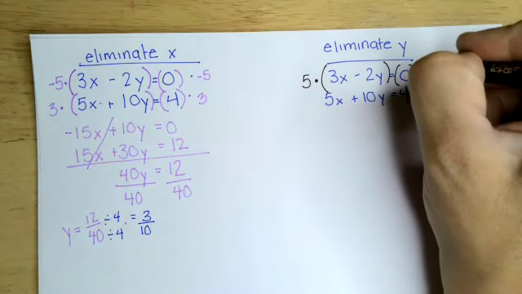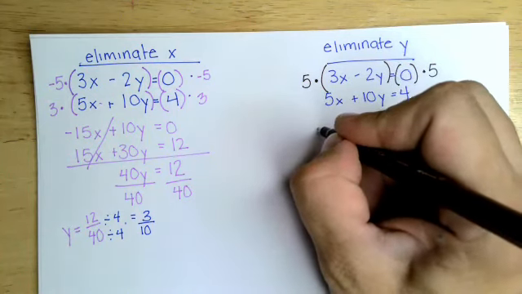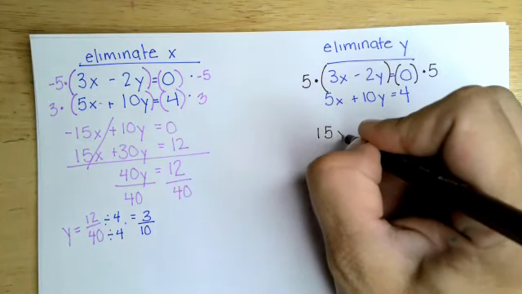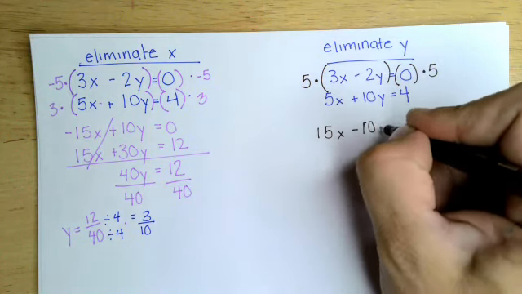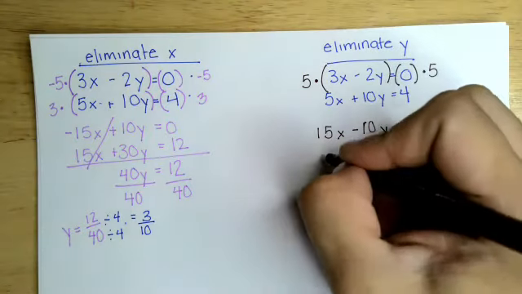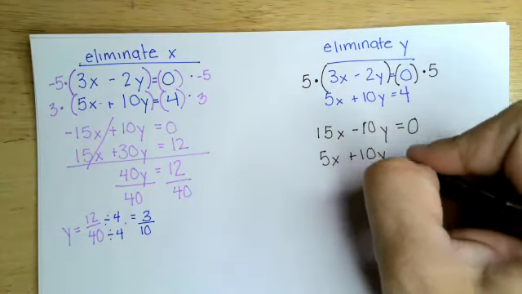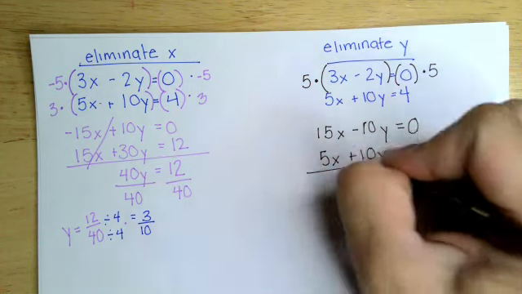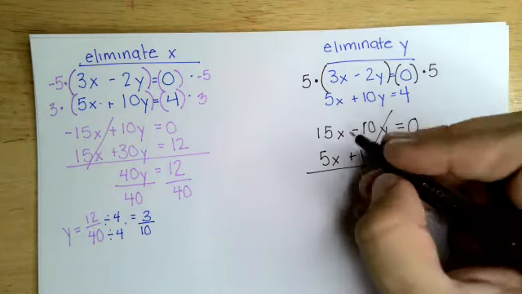And then we can leave the bottom number alone. 5 times 3 is 15x. 5 times -2y is -10y. And 0 stays the same. The bottom stays the same. 5x plus 10y equals 4. The -10y and the +10y eliminate.